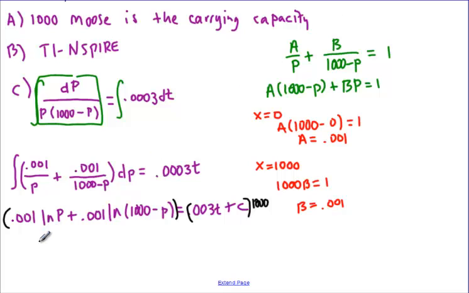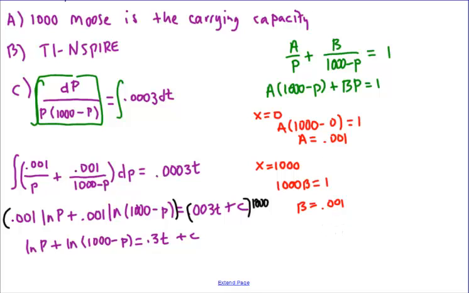And so I end up with the natural log of P plus the natural log of (1,000 minus P) is equal to 0.3t. And remember, the C is just some constant which we don't know, so it looks like this.